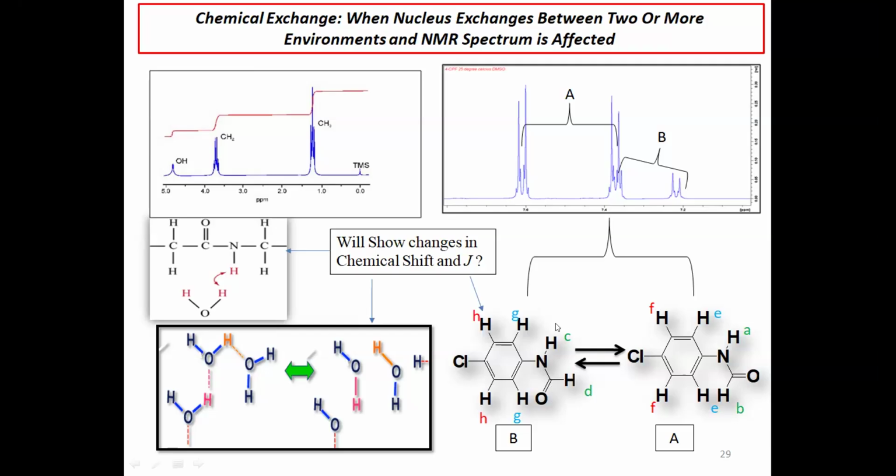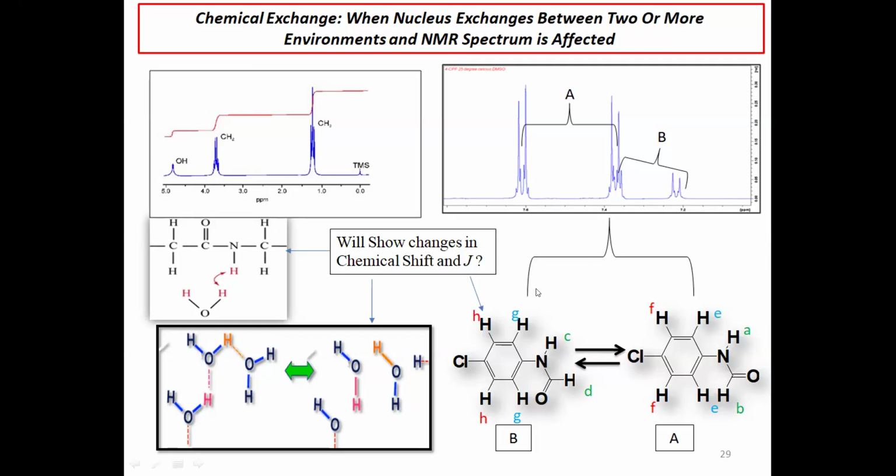So it has two orientations, cis or trans. We have tried to measure the rotation around this carbon-nitrogen partial double bond.